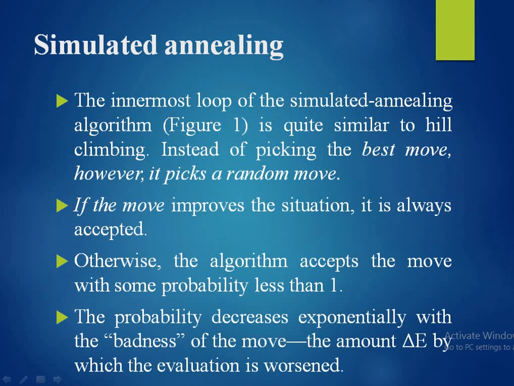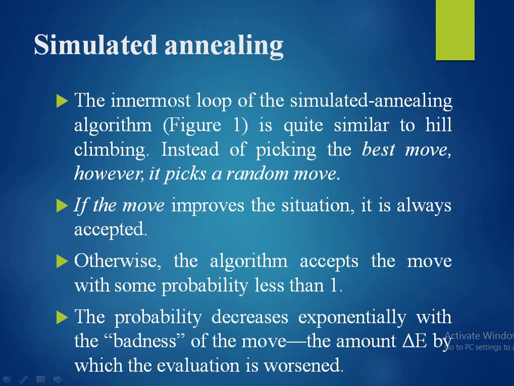The innermost loop of the simulated annealing algorithm is quite similar to hill climbing, which is shown in our next figure, figure number 1. Instead of picking the best move, however, it picks a random move.